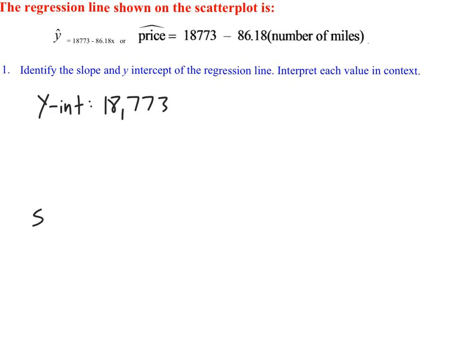And down here, the slope is -86.18. Right? You're probably fine with that. You've seen lines countless times before and would have no problems with those numbers. It is really important, though, that we can interpret them, okay? Which typically is something we like less, but we really have to do, okay?